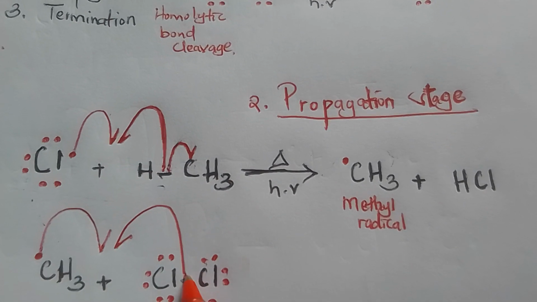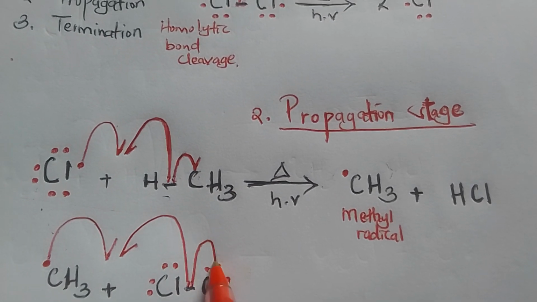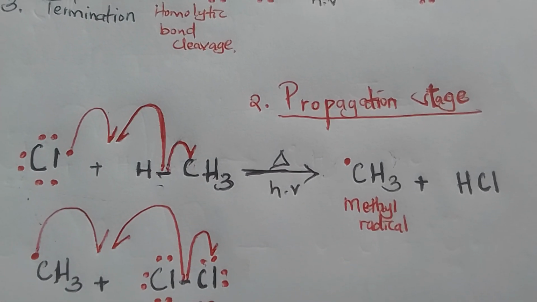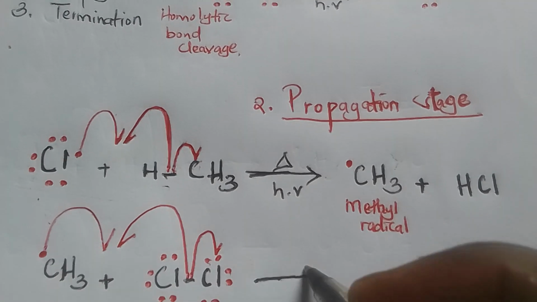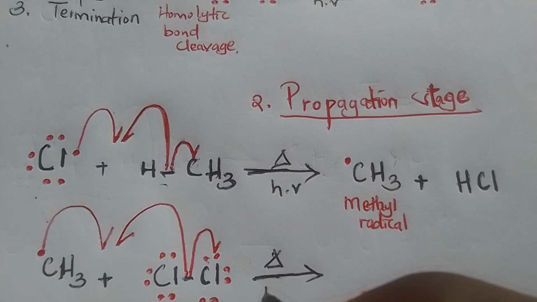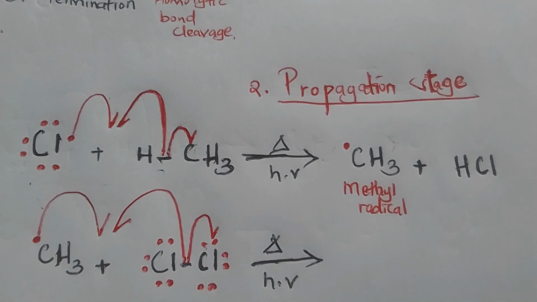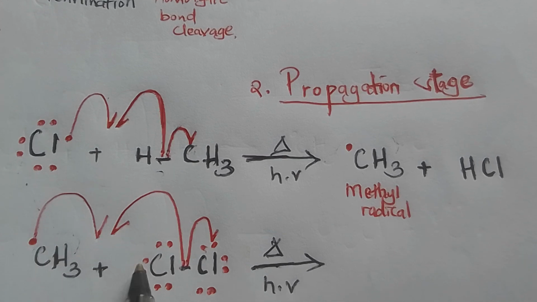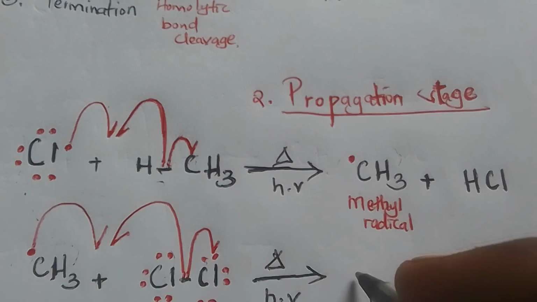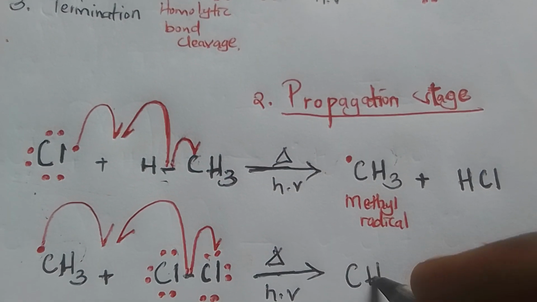So one of the electrons moves like that, and the remaining one moves to the immediate chlorine. So at the end of the day, again we have the methyl chloride, because the methyl reacts with this chlorine to form the methyl chloride.